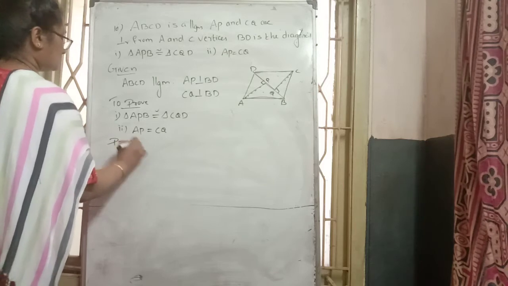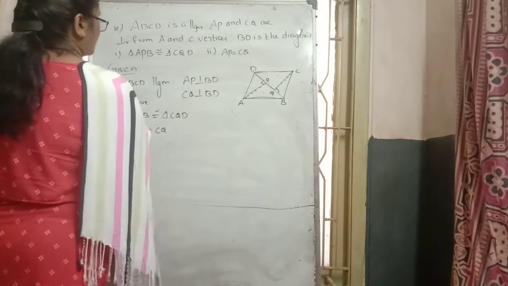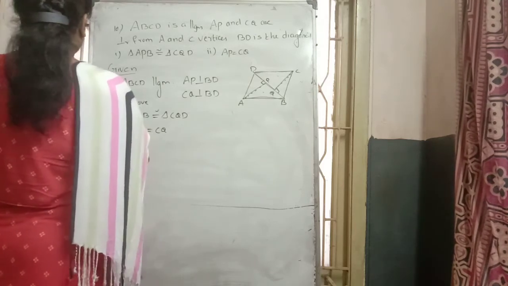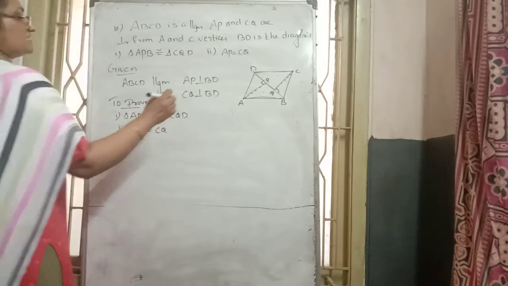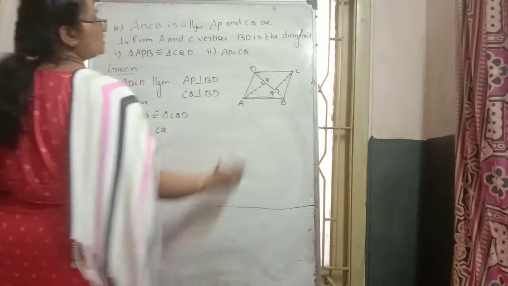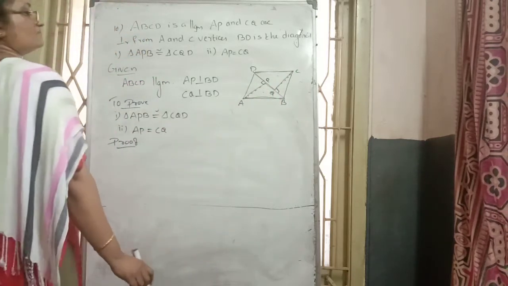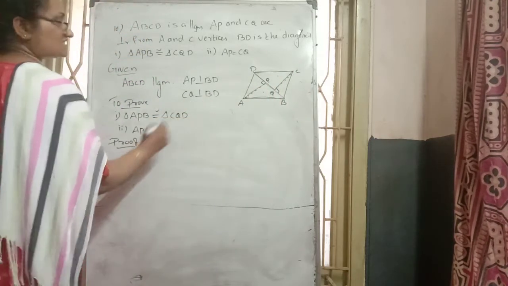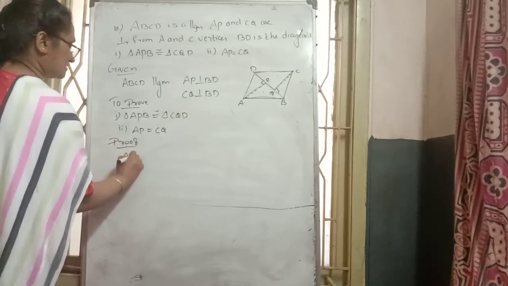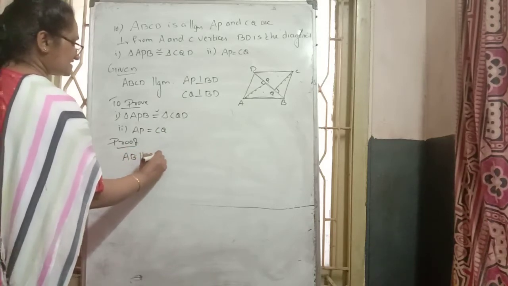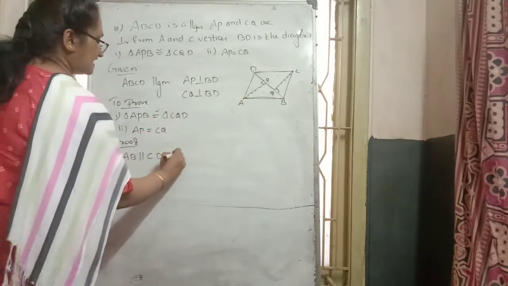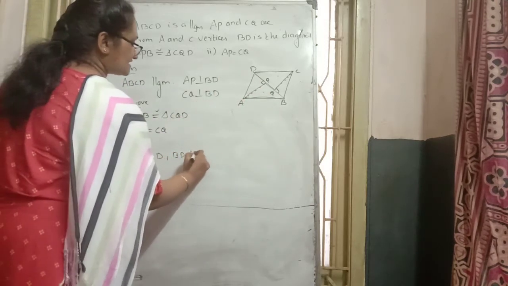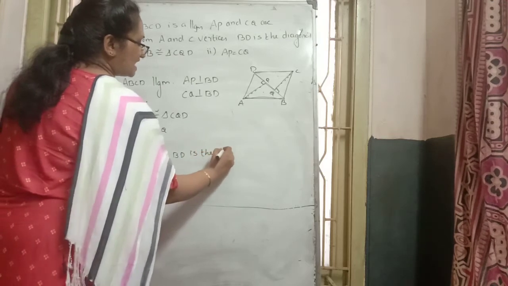Proof: from the given case, AB and CD are opposite sides in a parallelogram, so we can write AB is parallel to CD. The parallel lines are cut by the transversal BD.